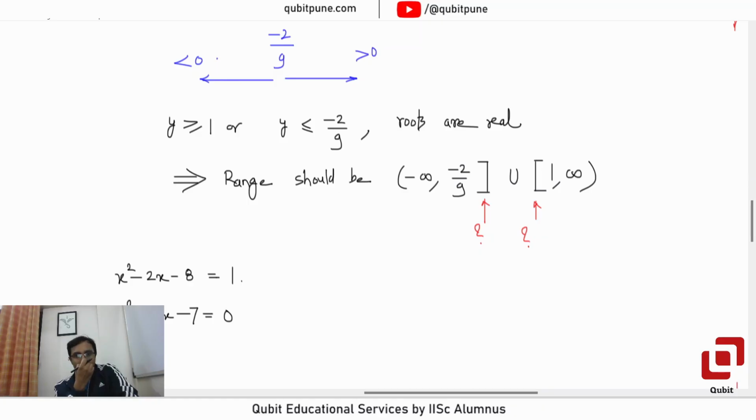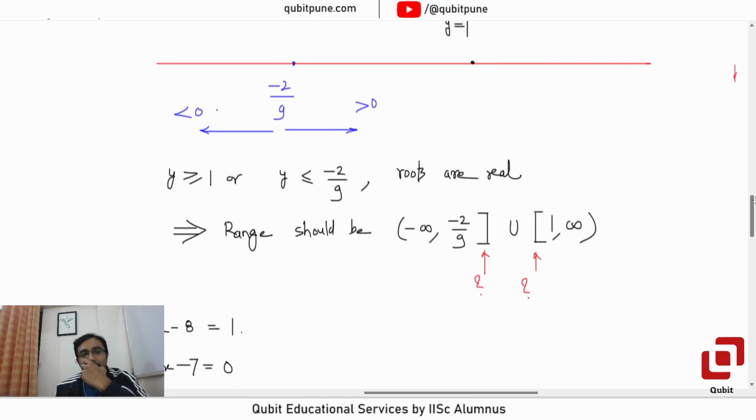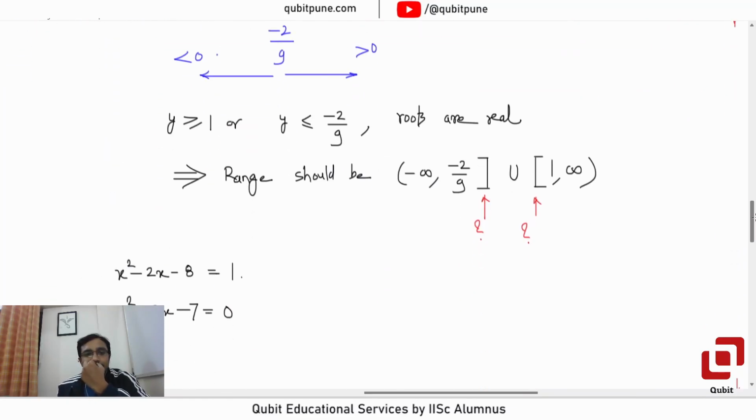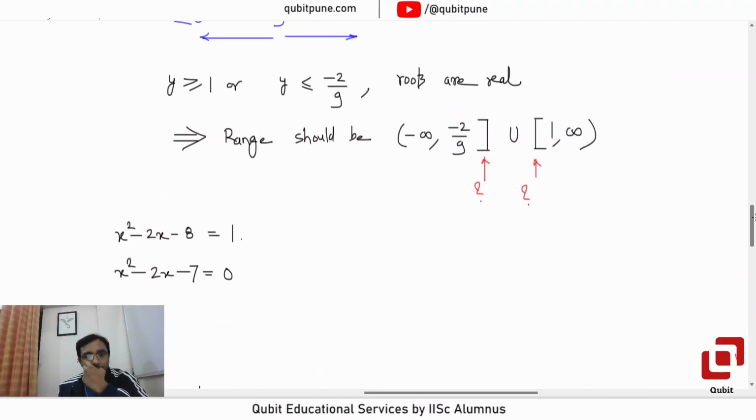No, sir. Yes, no. Sorry, no. Wait, let's try to interpret what if that is equal to 0. Is it giving us a real root?